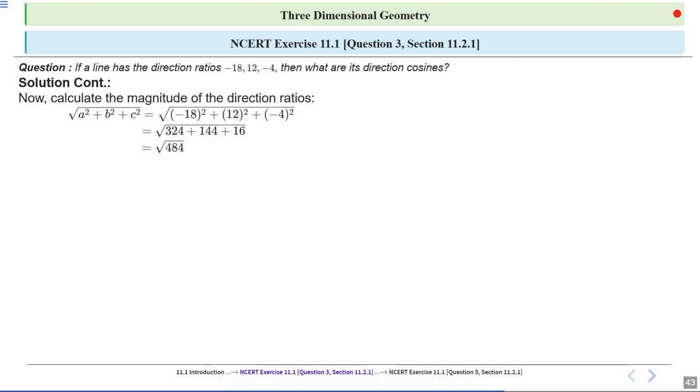So this is the total sum of the squares of the direction ratios. Taking the square root of 484, we get 22. So the magnitude of the direction ratios is 22. We will use this value to find the direction cosines in the next step.